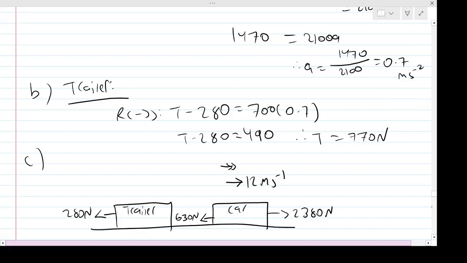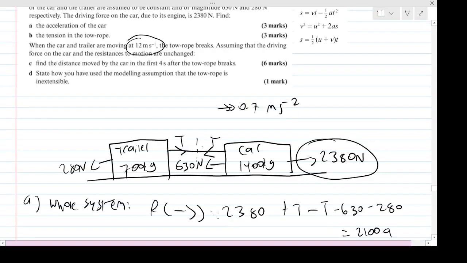There's no longer any tension. So the acceleration is going to be different. And then we're told to find the distance the car moves after 4 seconds after it breaks.